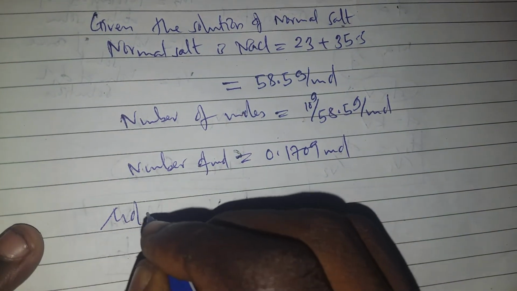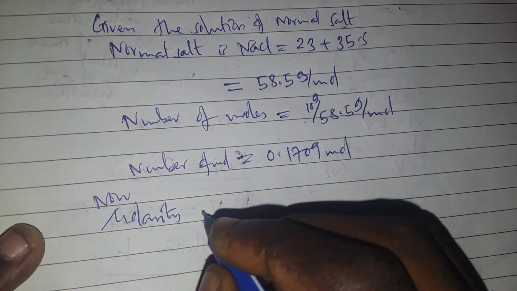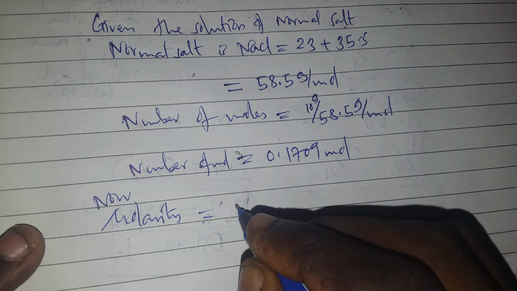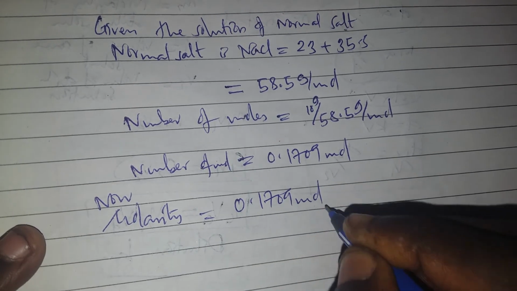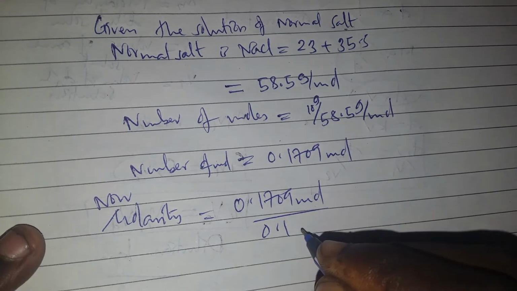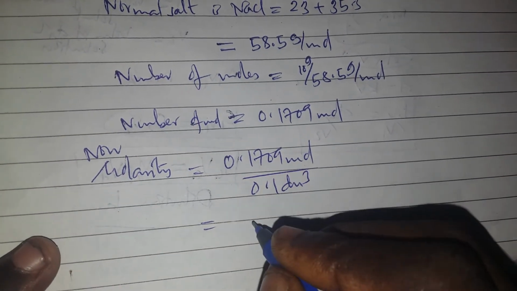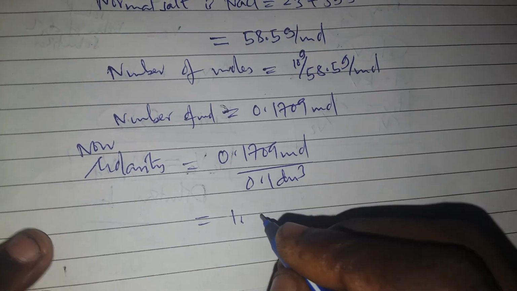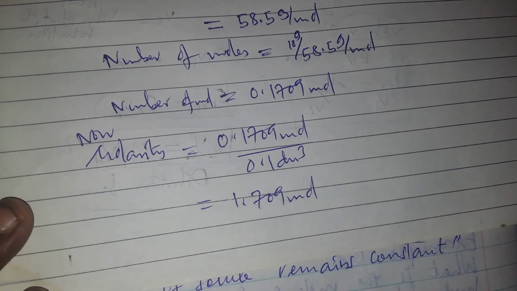Now molarity, kaweka tu hapa, now molarity is equal to 0.1709 mole divided by 0.1 dm³. We'll end up with the answer 1.709 mole per dm³.